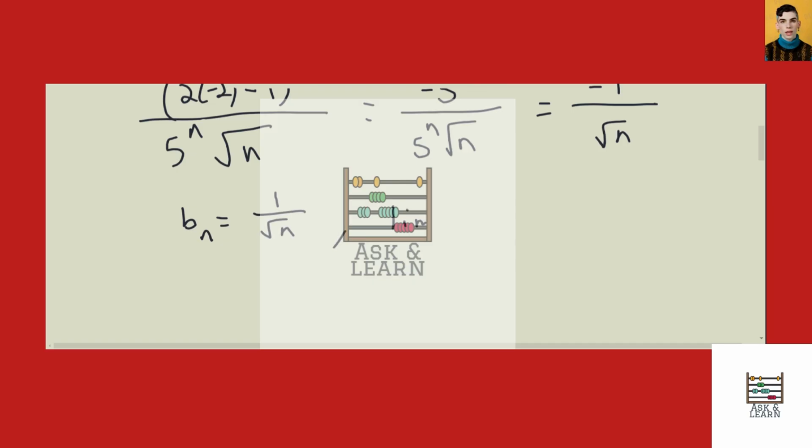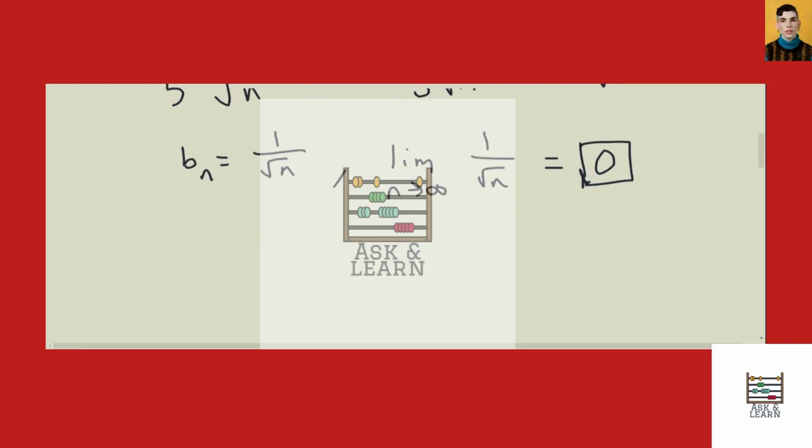So you take your limit as n approaches infinity of B sub n, which is 1 over root n, and you end up getting 1 over infinity, which is the same thing as 0. We know that if it's equal to 0, by the alternating series test, which is what we're using here, we can see that it is in fact convergent. So you can say it is convergent at negative 2.